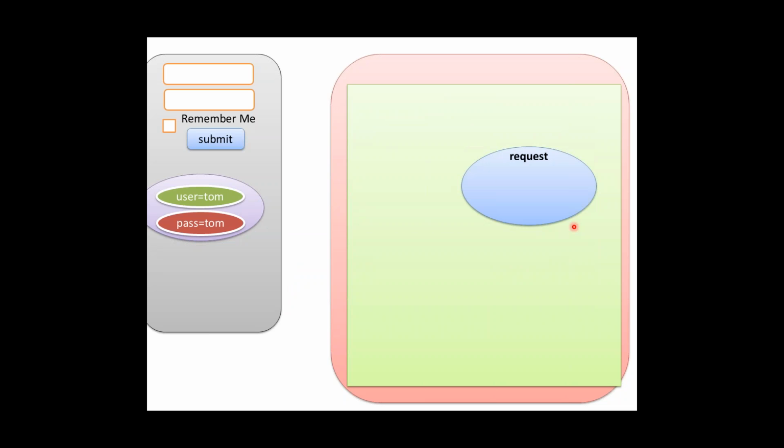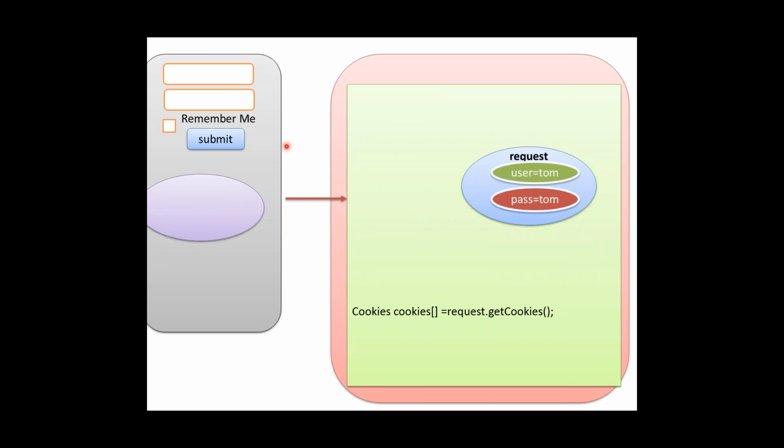Now, the reverse process. Once the cookie has been stored on your system, and when you are making the request to the web server for the second time, it automatically sends the cookies in the request object. So you've got two cookies, cookie 1 and cookie 2. If you have to retrieve the cookies, you have to retrieve them from the request scope, because when the client is making the request to the server the next time, your browser will automatically send the cookies, and those cookies are present in the request scope.